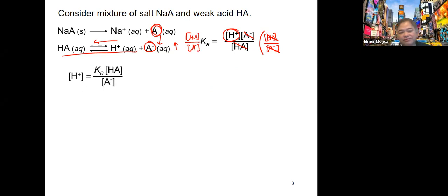And what do you have there? Isolate the H plus. Then here, Ka times HA over A minus. And then what will happen? You can get the negative log of this, the negative log of Ka, and then the negative log of HA over A minus.